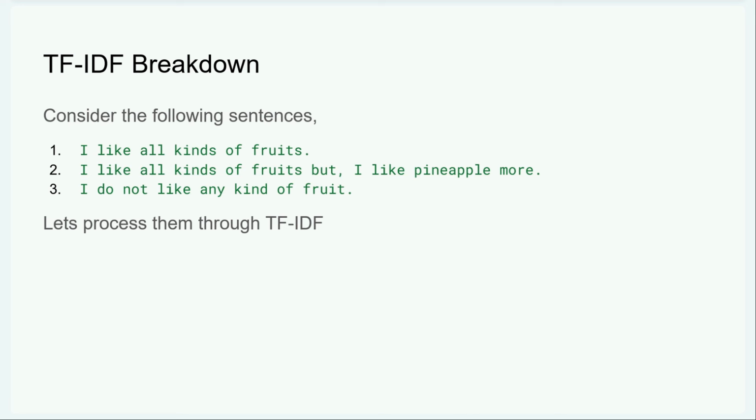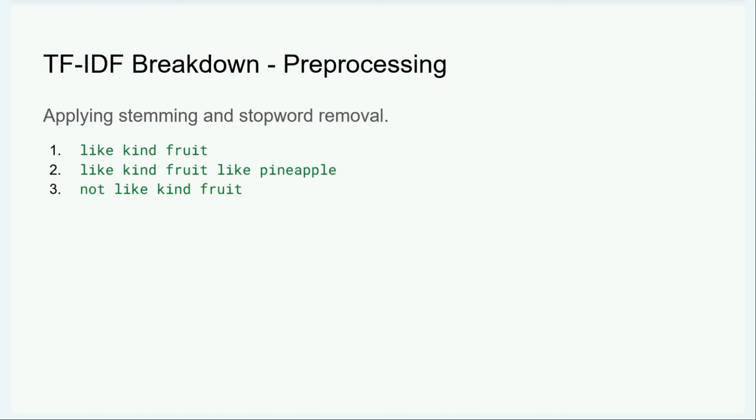So we'll consider this sample data set. It has 3 sentences. The first sentence is, I like all kinds of fruit. Second one is, I like all kinds of fruits, but I like pineapple more. And the third one is, I do not like any kind of fruit. So let's process them through the TF-IDF method. First thing that we'll do is apply the pre-processing.